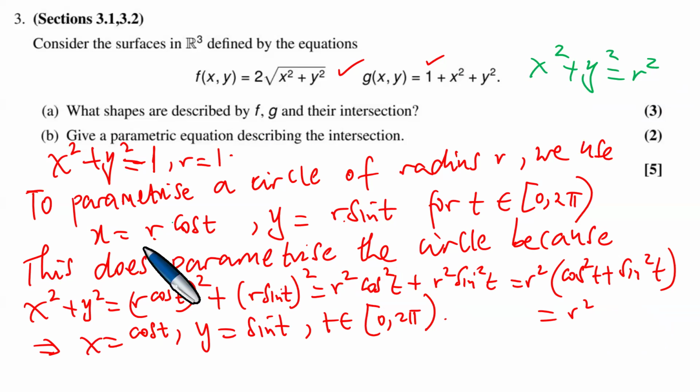And it is only if we choose x to be r cosine t and y to be r sine t that we are able to get r squared here. You substitute x equals r cosine t, y equals r sine t, and then we have r squared cosine squared plus r squared sine squared. Then we pull out the r squared, and we have cosine squared t plus sine squared t, which is r squared. You get the point? Yes, that part I understand.